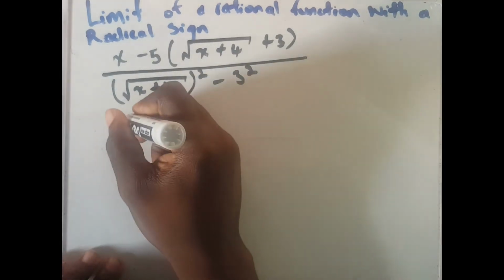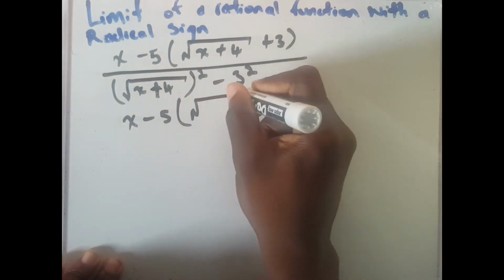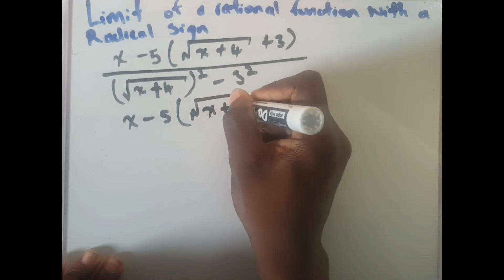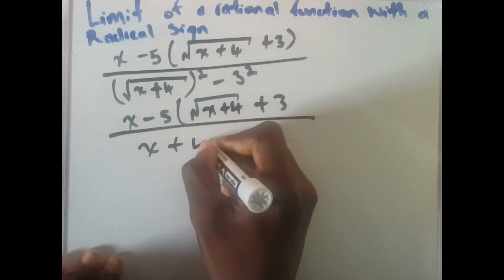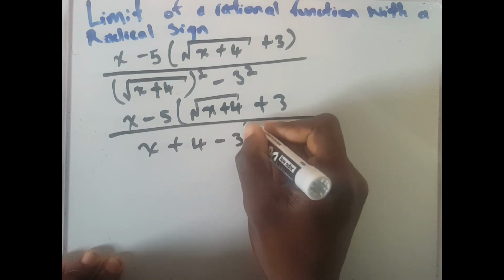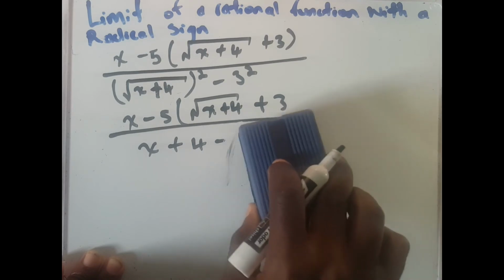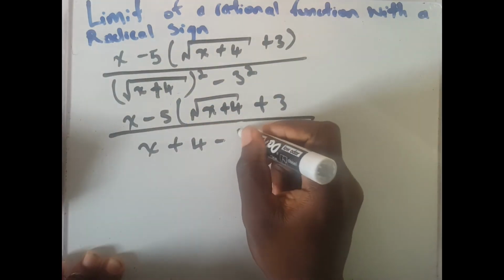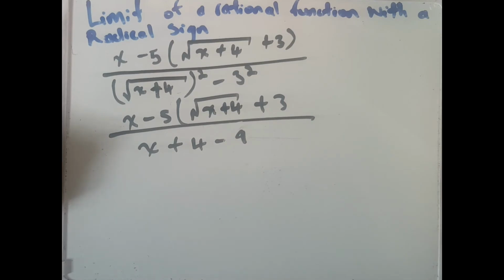So I rewrite this back now as x minus 5 times root x plus 4 plus 3 over x plus 4 minus 3 squared. And 3 squared is 9. If I subtract 9 from 4, I'd be left with minus 5.